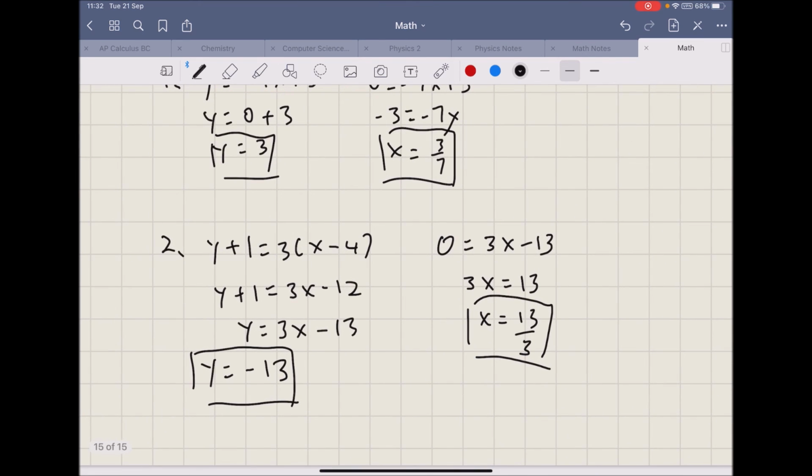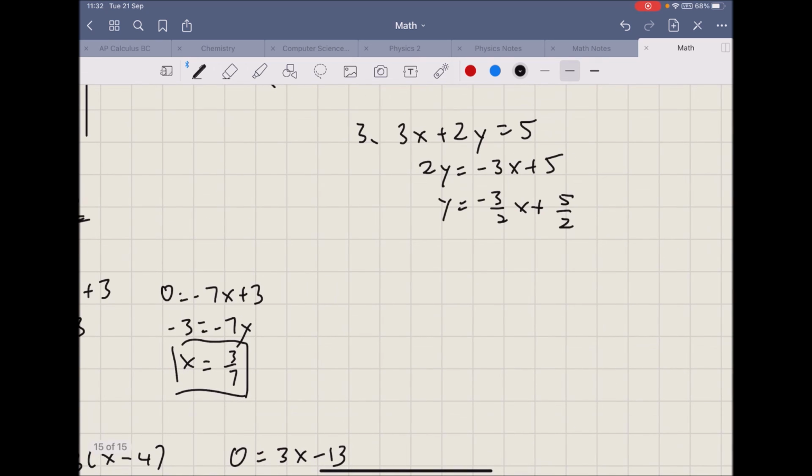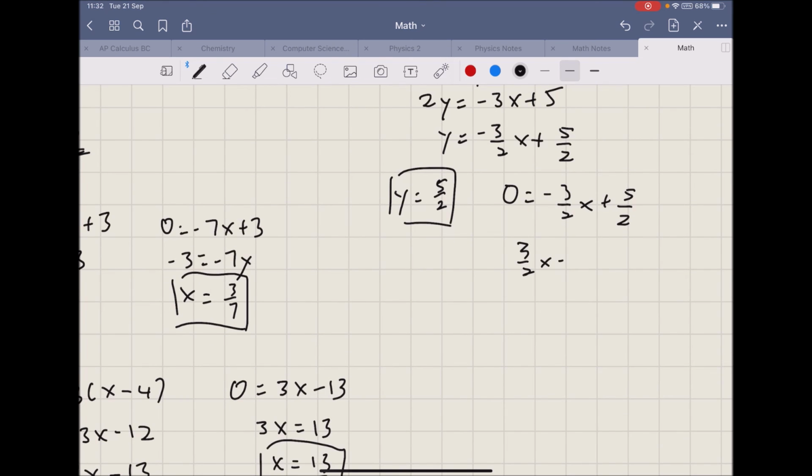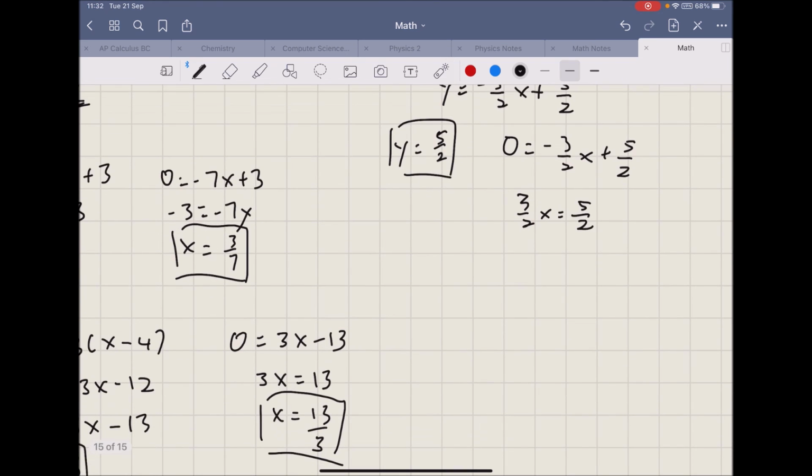Let's find the y-intercept first, because it's easier. For the y-intercept, set x equal to 0, y equals 5 over 2. Finding the x-intercept, set y equal to 0, and 0 equals negative 3 over 2 x plus 5 over 2, and 3 over 2 x equals 5 over 2. Multiply that over, and you get x equals 5 over 3, and that's the x-intercept.